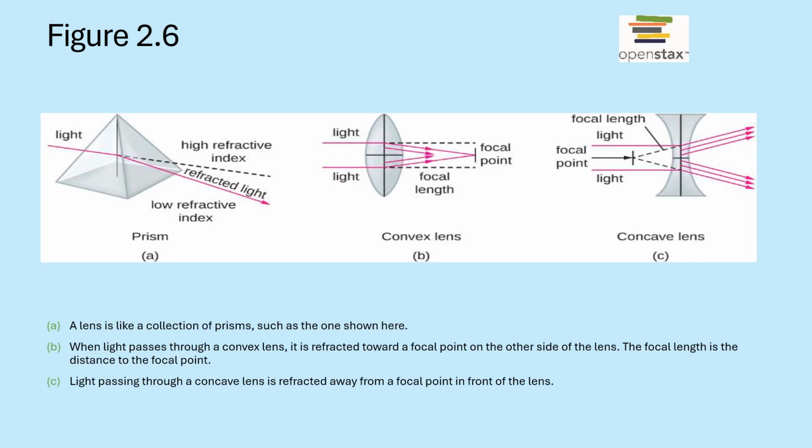And this is just showing it with lenses now. Depending on the curve of the lens and how the light is coming through, it makes a difference as to how those light waves are going to bend. We use this with your glasses. For those of you who wear glasses or contacts, how the lens is made, its curvature, determines how the light's going to refract through, at what angle, and where that image is going to be focused.